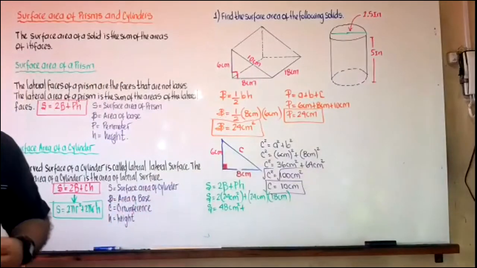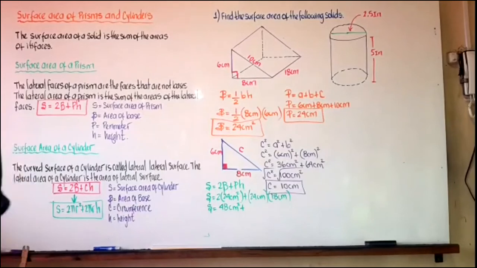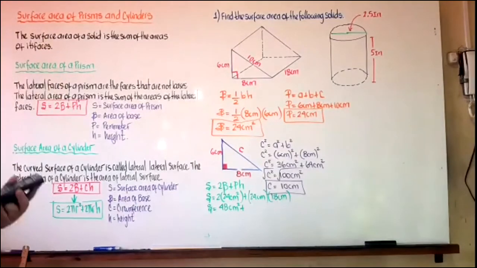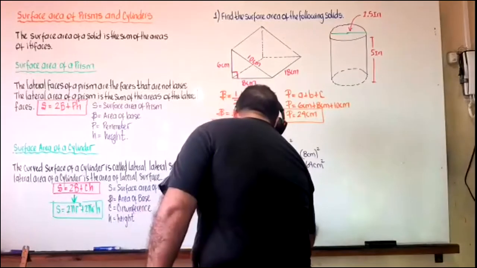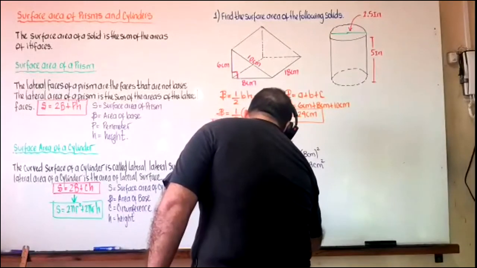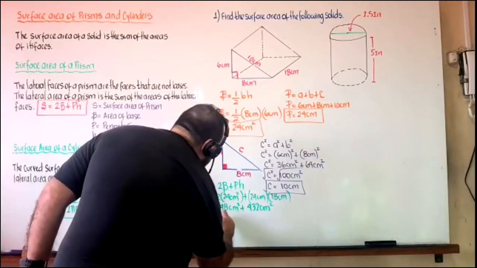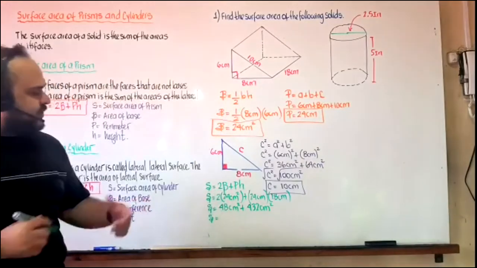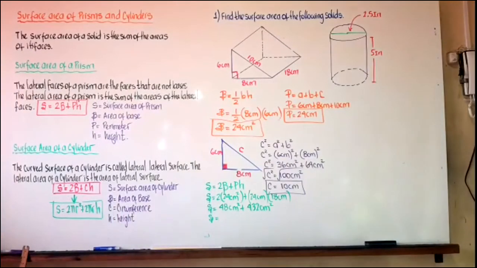Plus we can multiply 24 times 18. 24 times 18 will be 432. 432 square centimeters. So because we have these two values, we can add both and we're going to get the final answer.